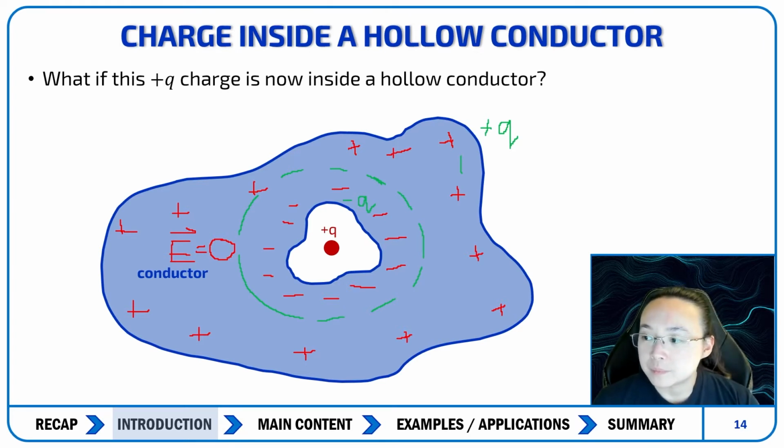So if the conductor is electrically neutral, the charge will become plus Q. So that's just important to remember. Sometimes there will be questions where maybe the surface already started with a plus Q, and then this may become plus 2Q instead.